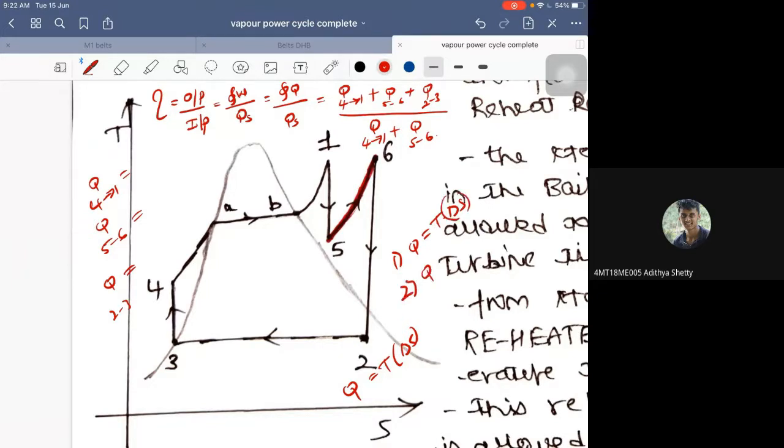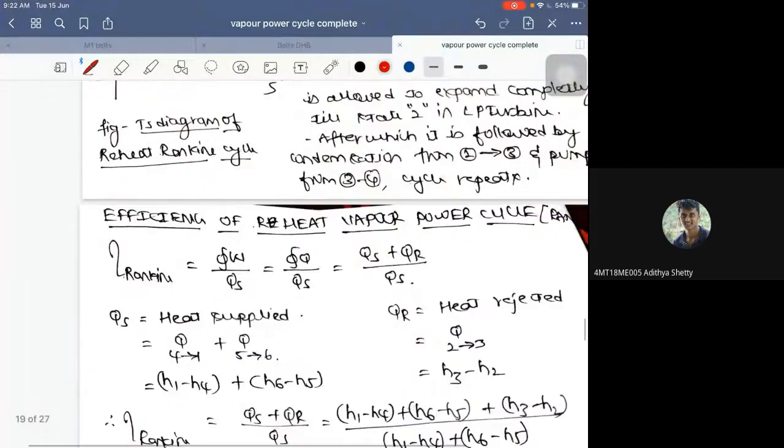Second, Q can be calculated as a difference of enthalpy. And third, which you have learned in the previous chapter, Q can be calculated as m Cp delta T. That also can be done. Okay, so let us see in this textbook what he has done.